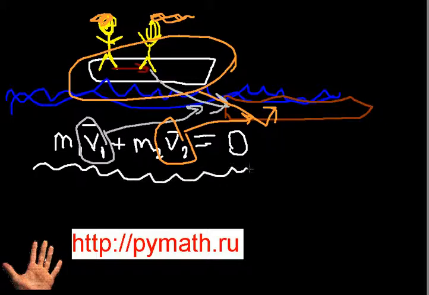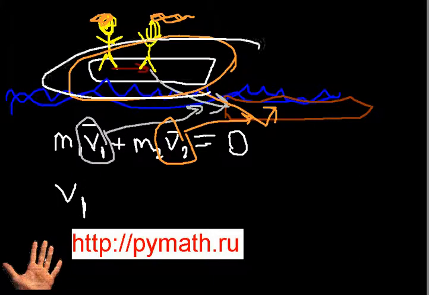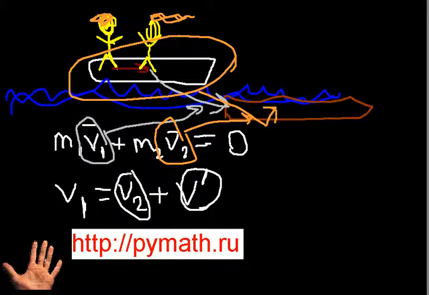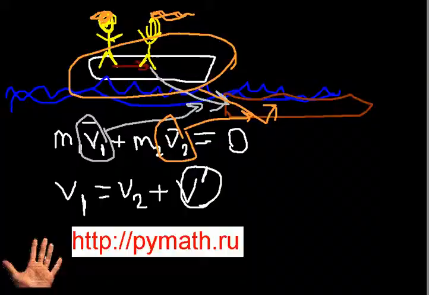And the law of conservation of momentum is written here in this form. At the same moment, the human can move regarding the boat, and his velocity is connected with the velocity of this boat by the following law: v2 plus v apostrophe, where v apostrophe is the speed regarding this boat, and v2 is the speed of the boat regarding this bank of the river.